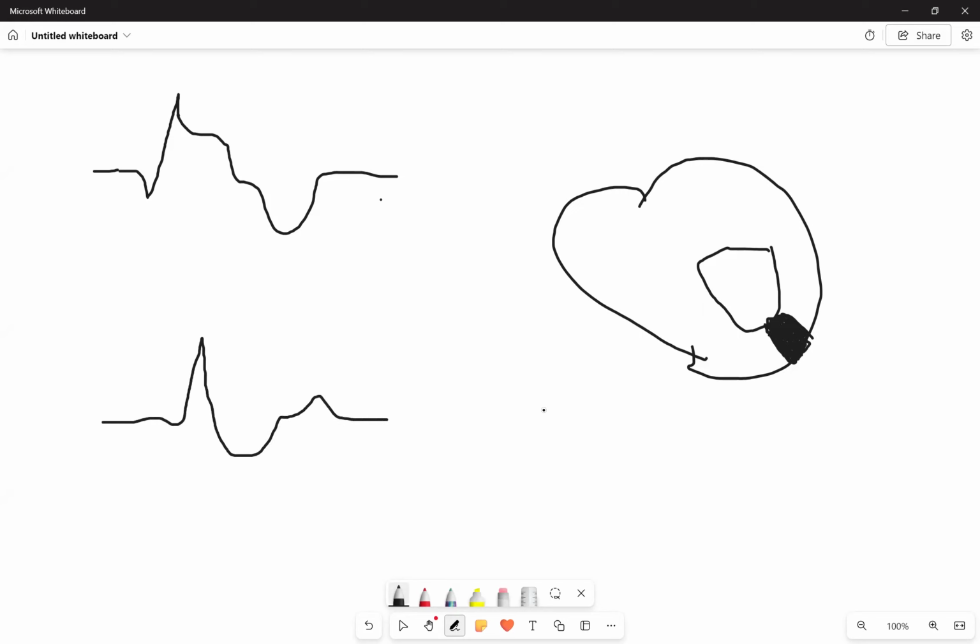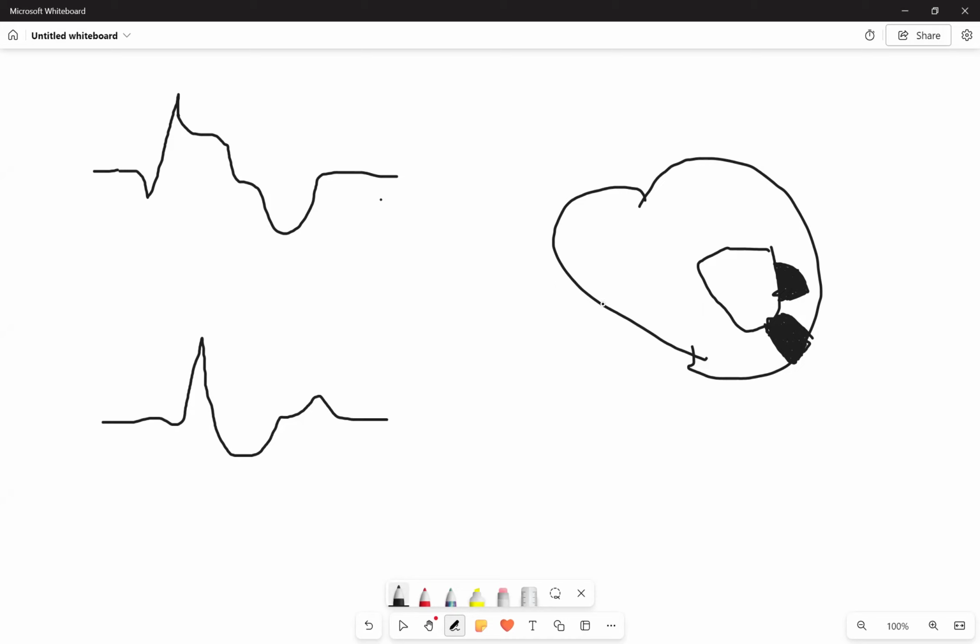like this. That means the MI is only this much. So a subendocardial infarction is what explains the ST depression.